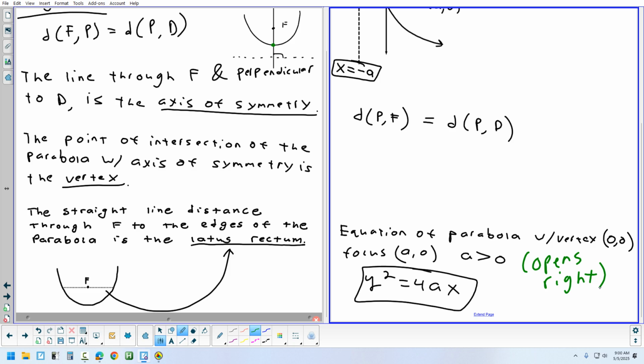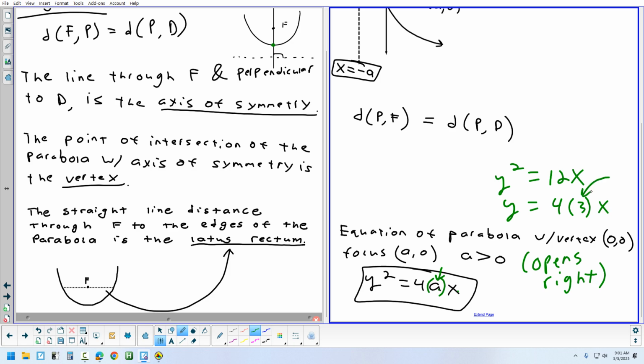You always want whatever you put in front of x to be 4 times something, because that tells you exactly how to find your focus. So for example, if I had something like y squared equals 12x, and I asked you where the focus of that parabola is, you'd want to rewrite it as 4 times something, x.